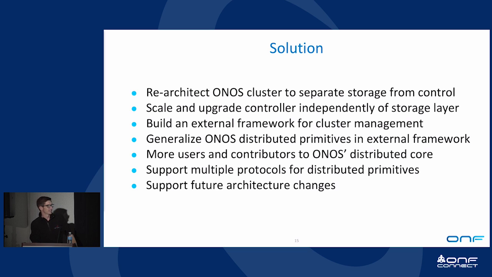and then find a way to solve the primitive protocols problems to allow new consistency models and new performance characteristics for primitives. And then, since we're talking about next generation ONOS, we want this project to also be able to support whatever future goals we might have.